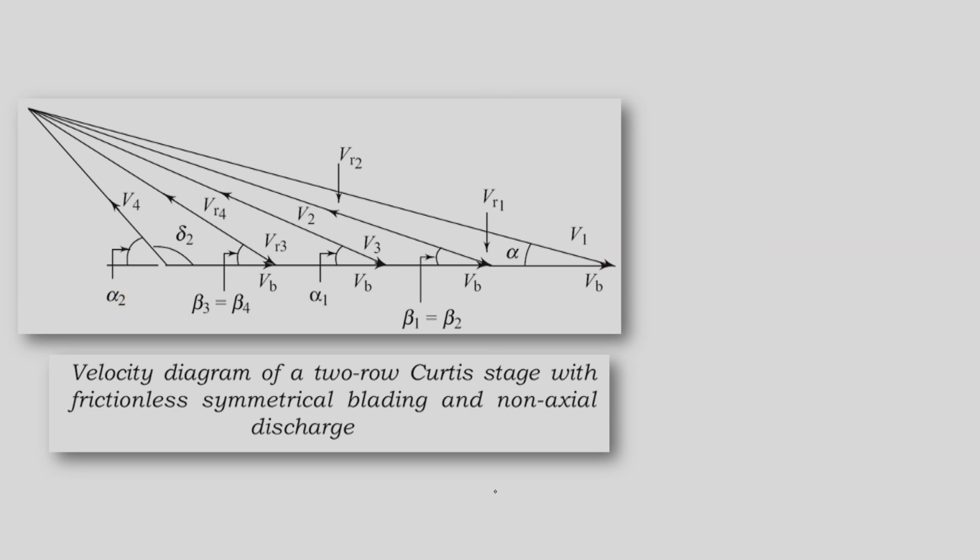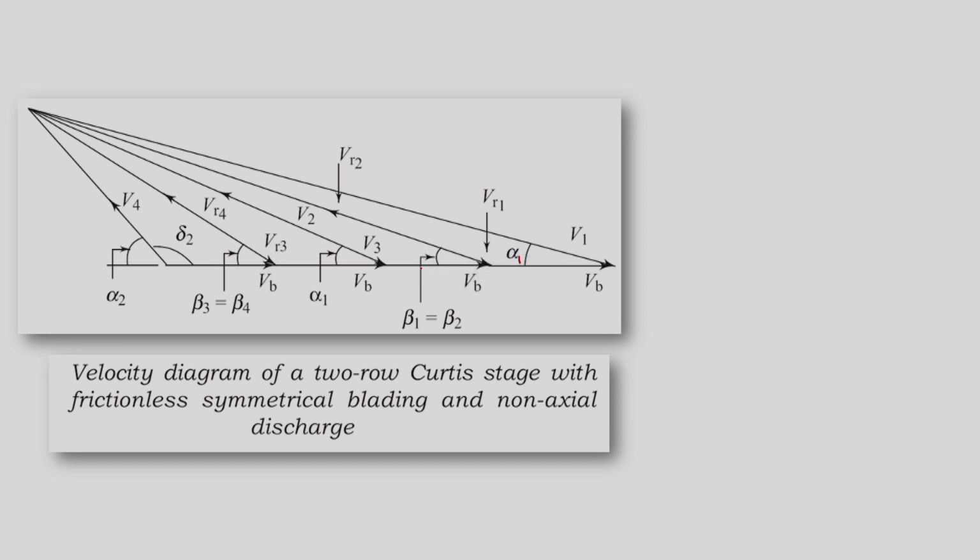Now, let us see the optimum condition for the two-stage Curtis turbine. Here we are again drawing the same velocity diagram as what we drew earlier, but while drawing this we are not considering the axial discharge, we are considering non-axial discharge, but we are still considering the blades to be symmetrical.